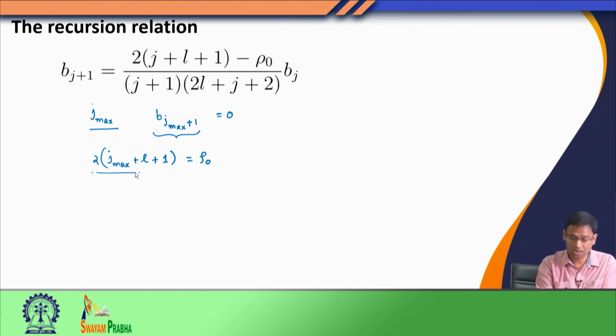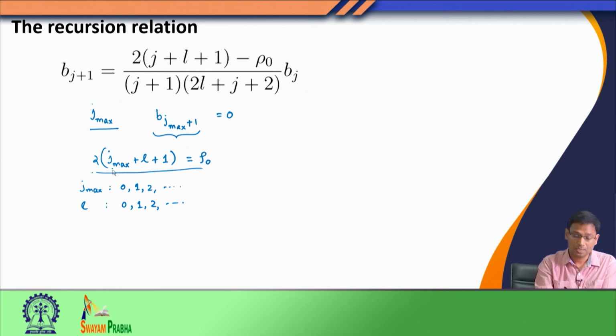Now, let us look at this term carefully. j max is going to be an integer, because it is the maximum value of j, where j goes from 0, 1, 2 and so on. L is the orbital angular momentum of a particle moving around, so its values are all integers. Here j max can have 0, 1, 2, and so on, and L again goes as 0, 1, 2, and so on.